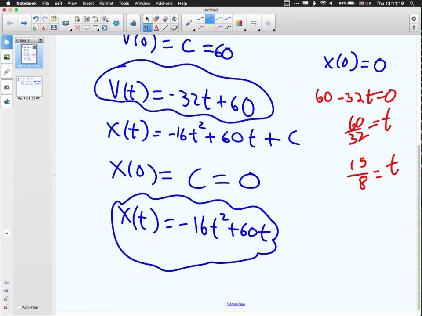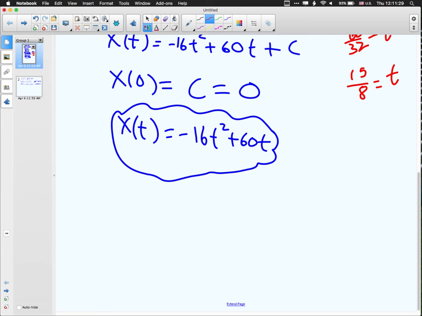And so yeah, we plug it in to the equation we now have for position. And it's whatever it is.